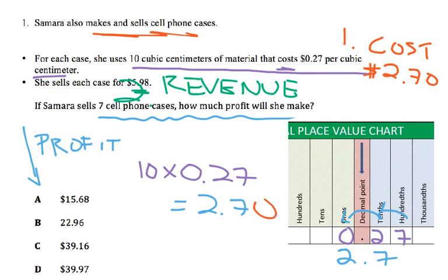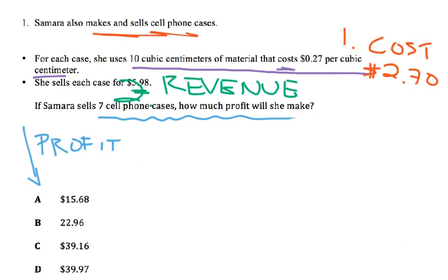But that's per each case, and Samara sells 7 cell phone cases. So we're going to have to take this and multiply it by 7. Alright, so we know it's $2.70 per phone. Now we just need to multiply that by 7. 7 times 0? 0. 7 times 7? 49.